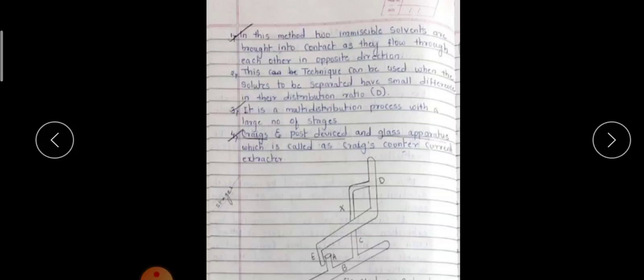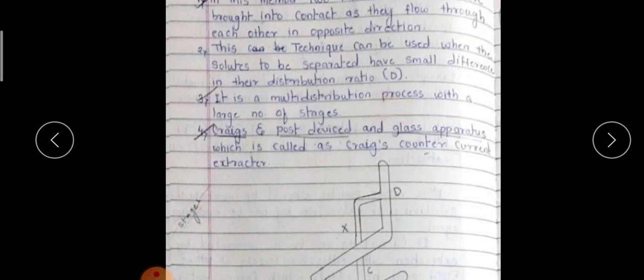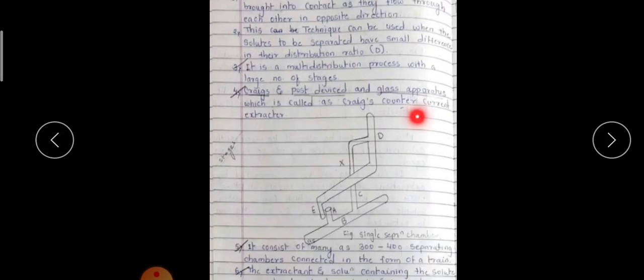Craig's post device is a glass apparatus, that is an, not a and. Please make the correction over here, it is an glass apparatus which is called a Craig's counter current extractor.